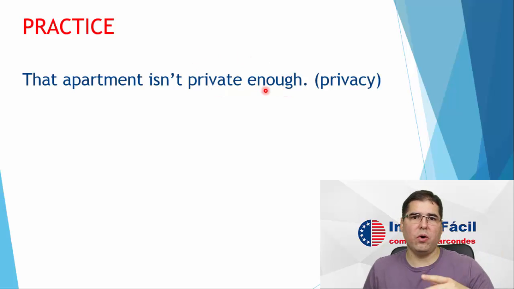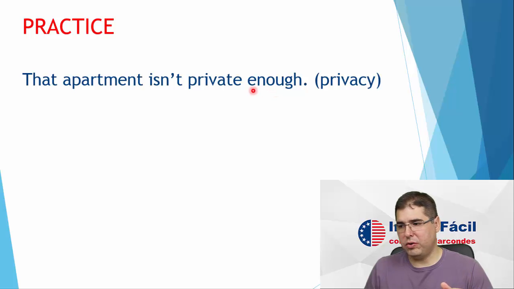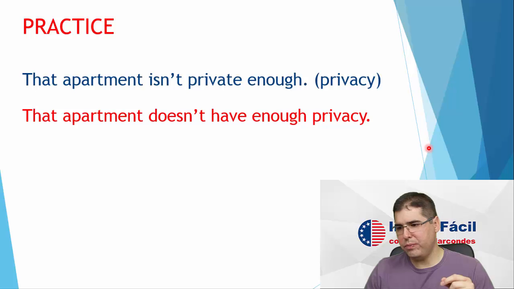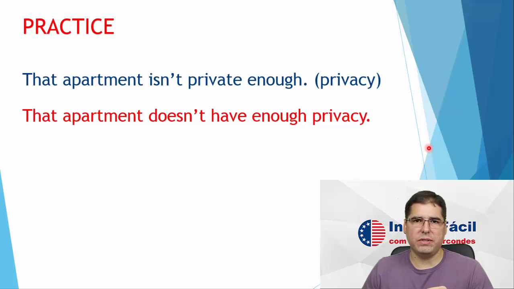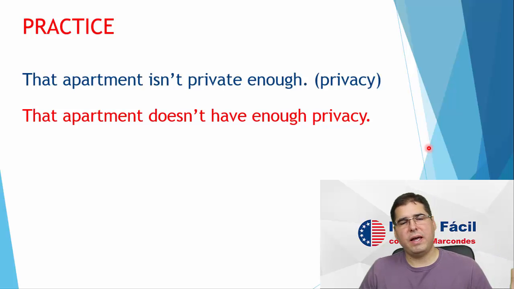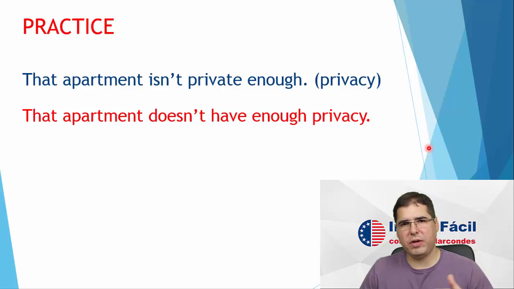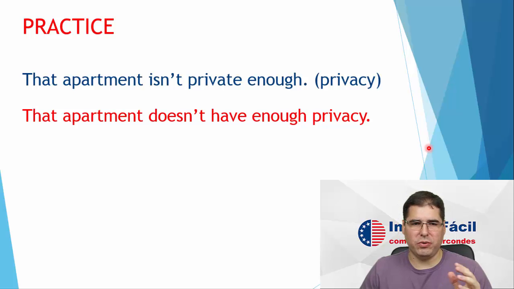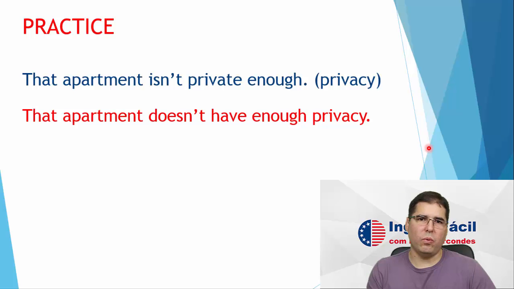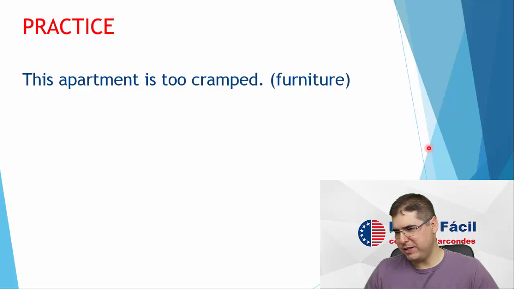With nouns we are going to reverse, right? So it's first enough and then the noun, remember? So that apartment doesn't have enough privacy. That apartment isn't private enough. That apartment doesn't have enough privacy, okay? So it's very simple, we just have to get used to the good collocation, right? To the correct word order in English, right?